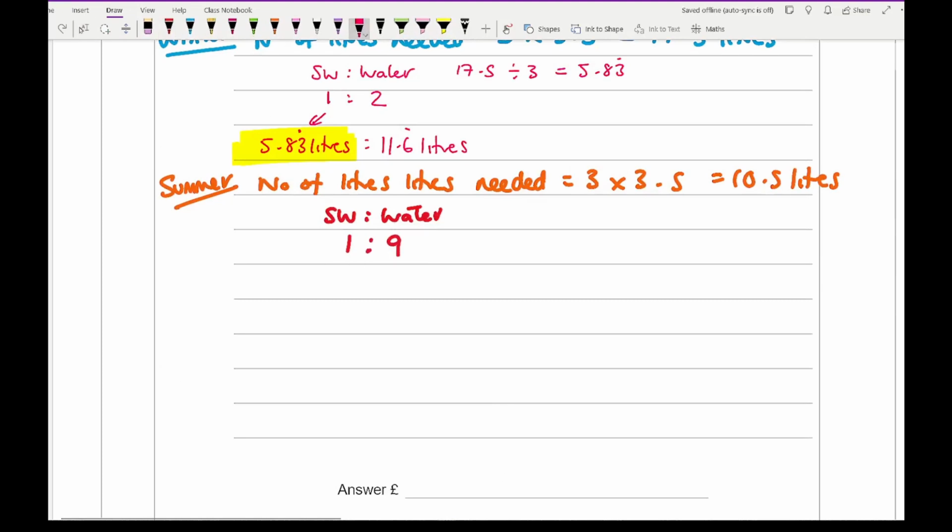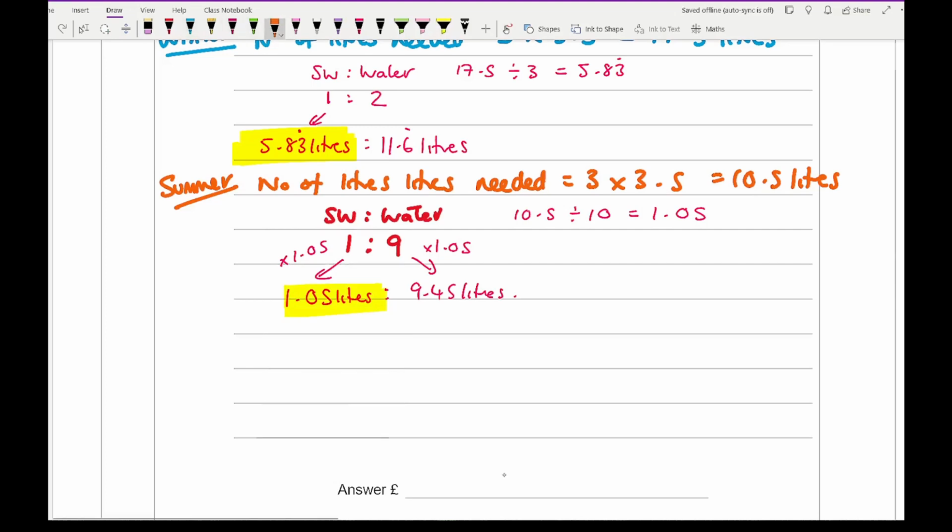So then if I do 10.5 divided by the number of parts, because 10.5 is the total amount of liquid that I need, divided by 10, that gives me 1.05. So then if I multiply 1 by 1.05 and 9 times 1.05, then that becomes 1.05 litres of screen wash, and 9 times 1.05 gives me 9.45 litres of water.